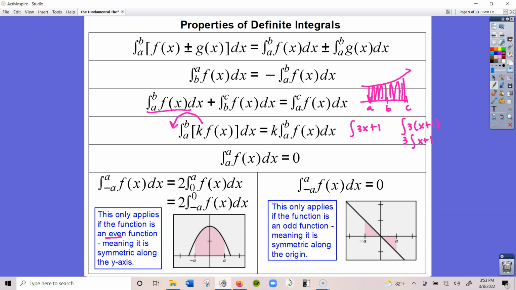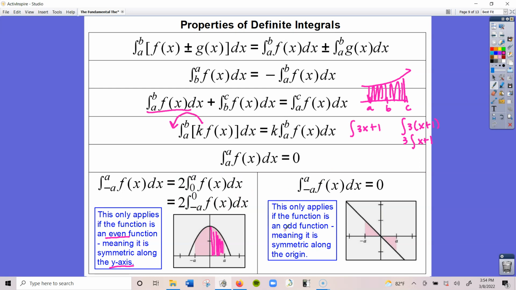If you have an even function, meaning that it is symmetric along the y-axis, much like here in this diagram, then if you are integrating from negative a to a, and you only know half, like from 0 to a or negative a to 0, you can just get the area of one side and multiply it by 2 because the other side is going to be identical, which is what these two integrals here are saying.